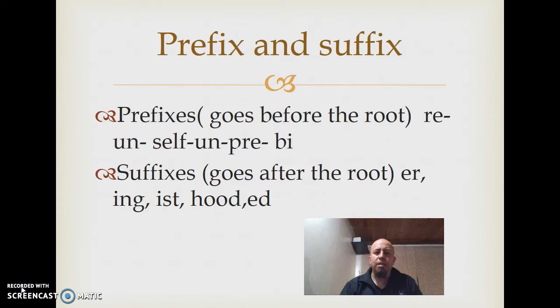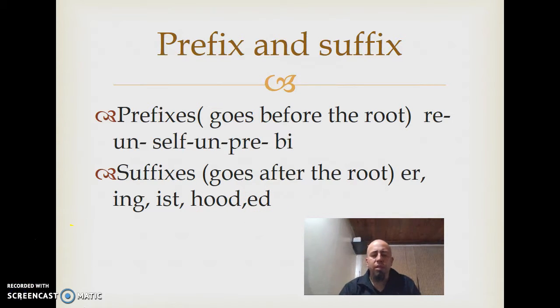Now let's see some characteristics of prefixes and suffixes. Prefixes go before the root, like re, un, self, pre, be, and suffixes go after the root, as you can see here: ing, is, hood, eth.